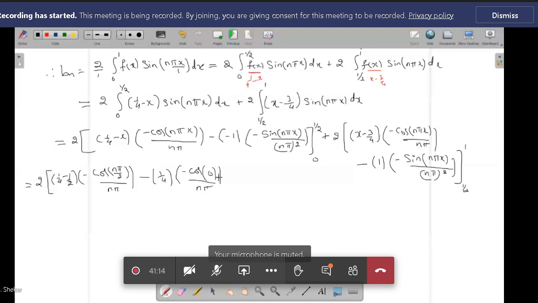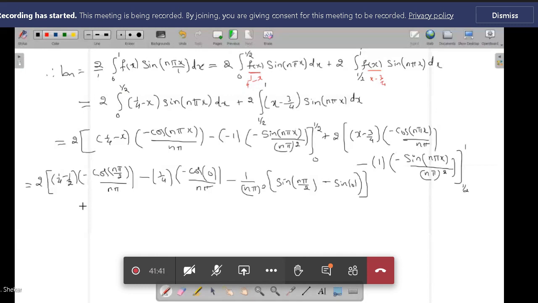So this is for the first term. Again minus into minus plus, plus into minus minus, I can write 1 by n pi whole square outside. So put the upper limit, it is sin n pi by 2 minus sin 0. Okay, so this is for the first term of integrations.